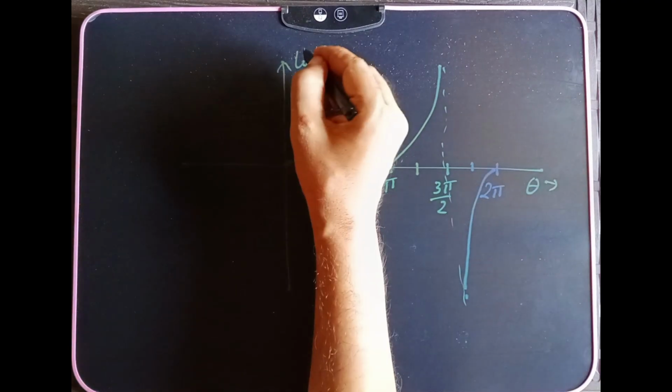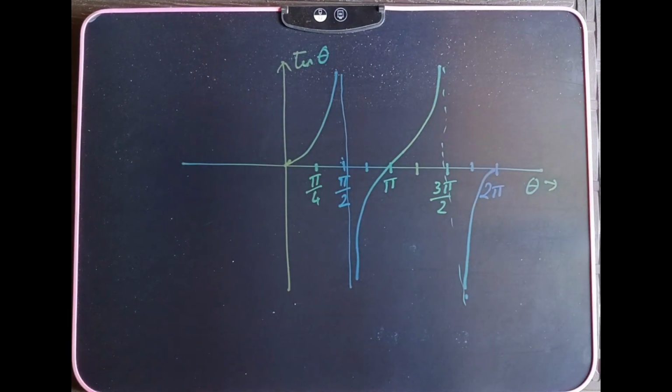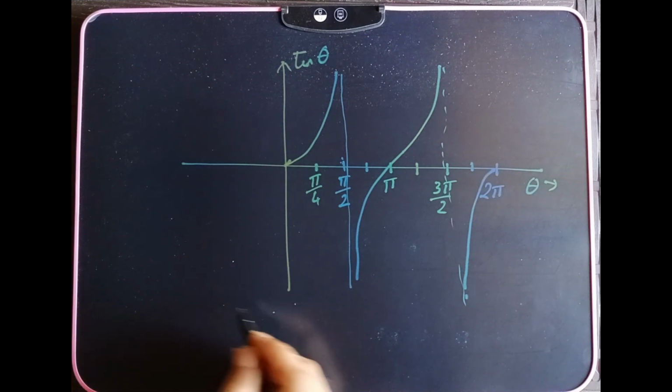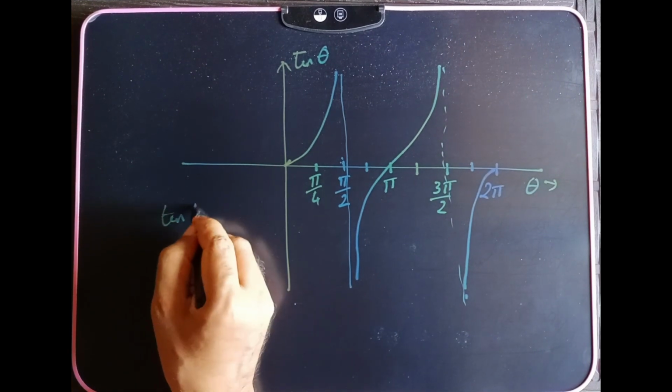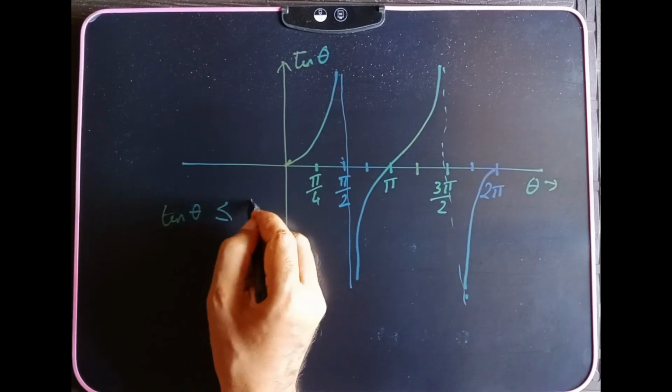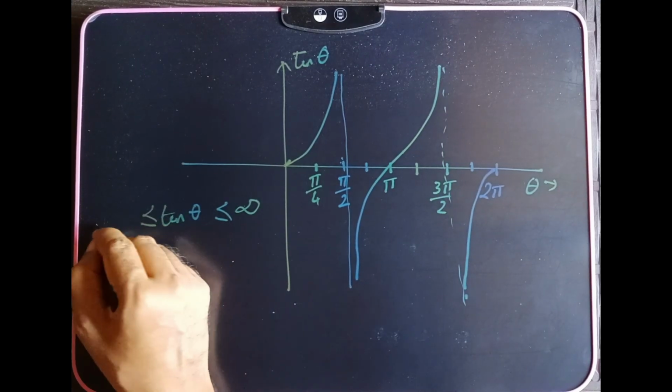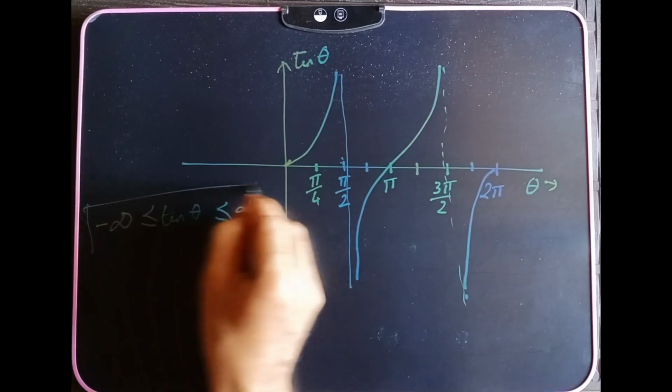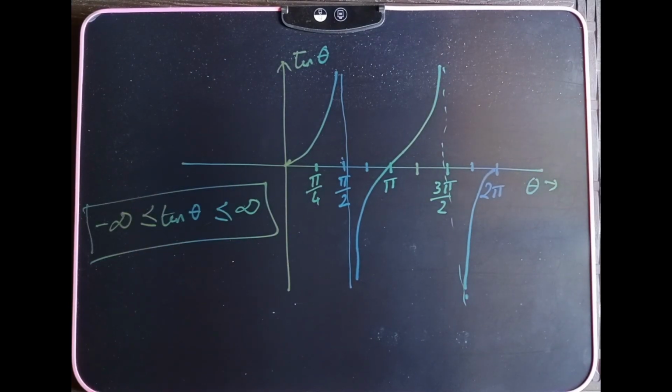Okay, this is the tan graph. The possible values of tan are from minus infinity to infinity. This is the range of tan. So that's all about graphs for trigonometric functions.